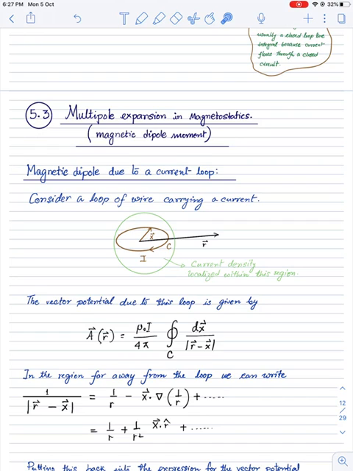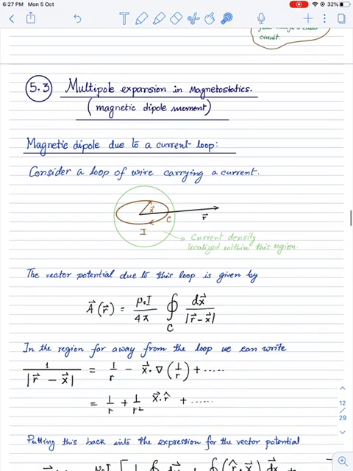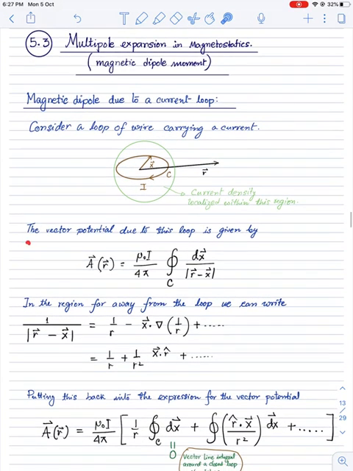This loop is denoted by C, and there is a steady current I flowing through it. Again, this is a localized source because inside this region the current density is localized, and I am interested in the magnetic field or the vector potential far away from this localized source. Okay, this is what I am interested in.